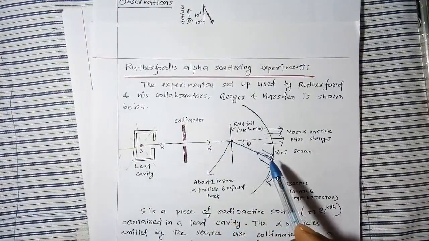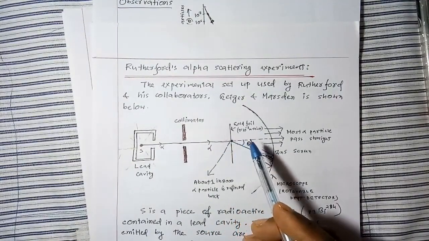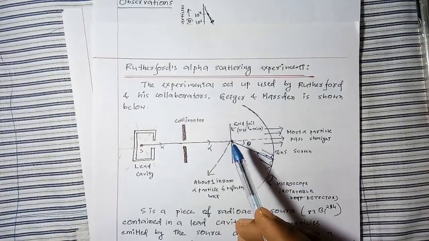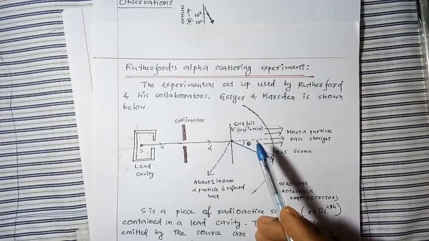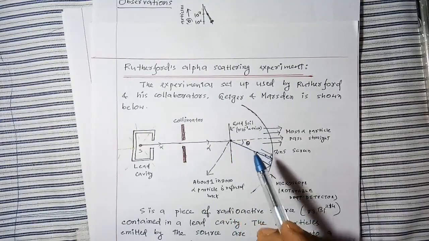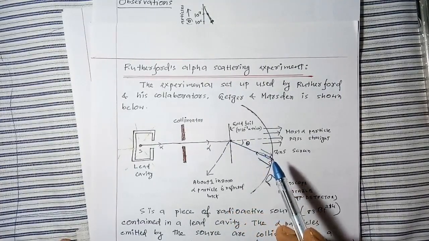Now the alpha particle is coming straight, falls on the gold foil, and moves in this direction, falling here. This is the original path of the alpha particle. Because of the presence of the gold foil, something happened inside that we will discuss. It could not travel in this path, it has to travel in this direction, right?